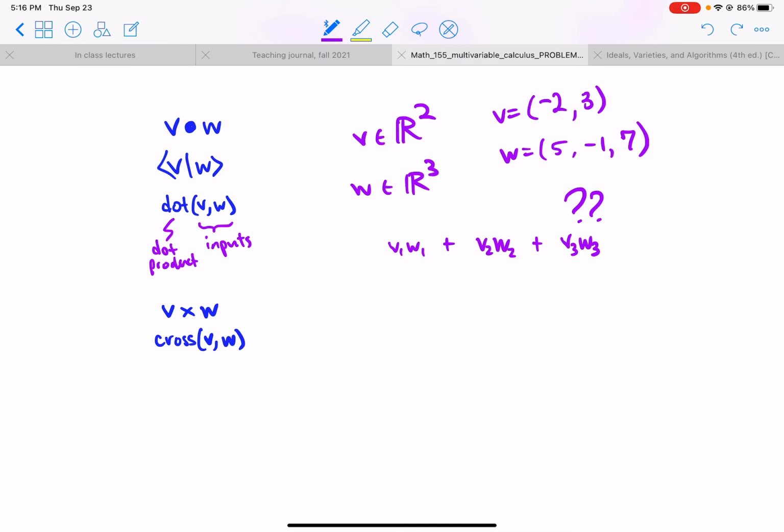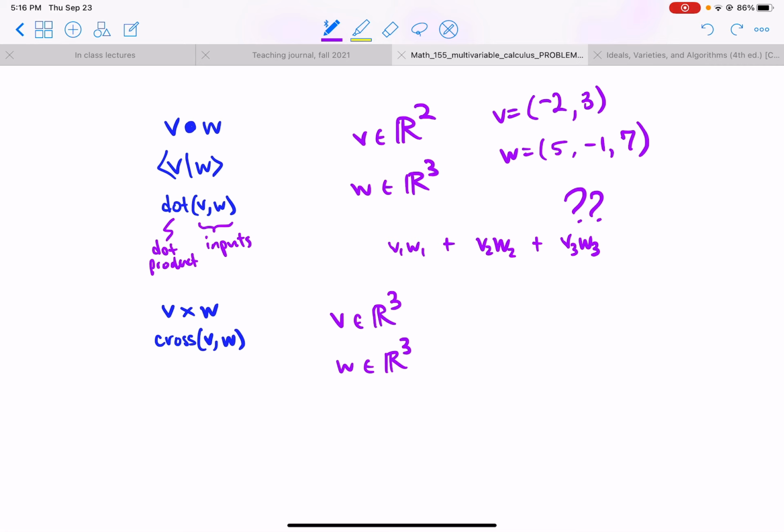Same for the cross product. The vectors have to be, now this time, they have to both be in R3. So V needs to be a vector in R3, and W needs to be in R3. And here the cross product is now a function, or a map. It takes two vectors as input and spits out now a vector.